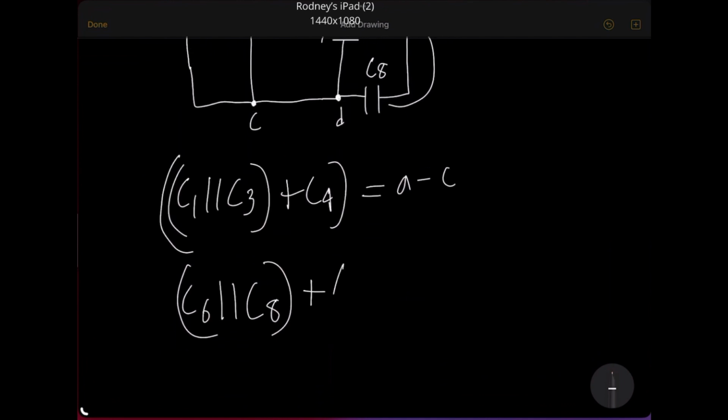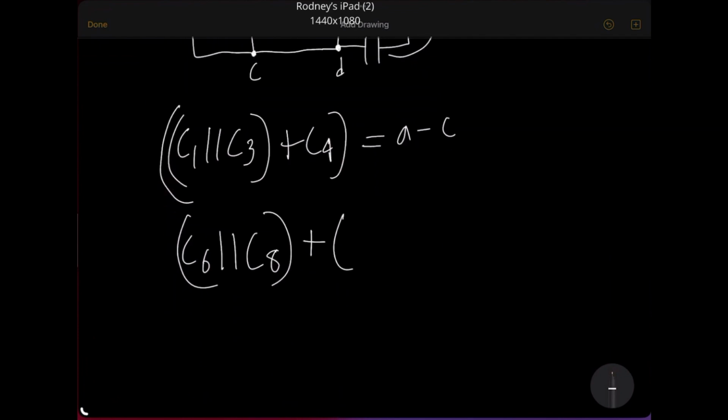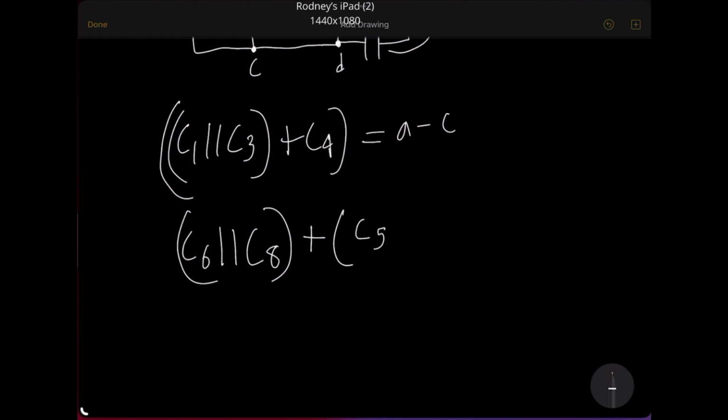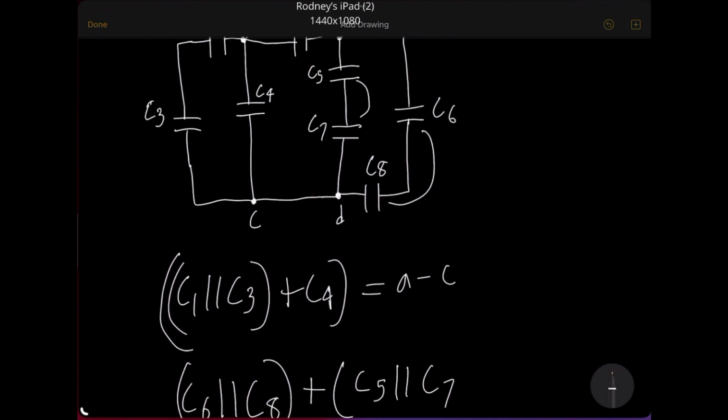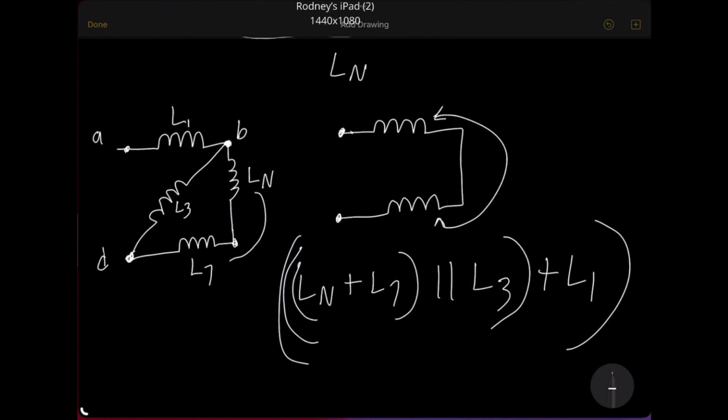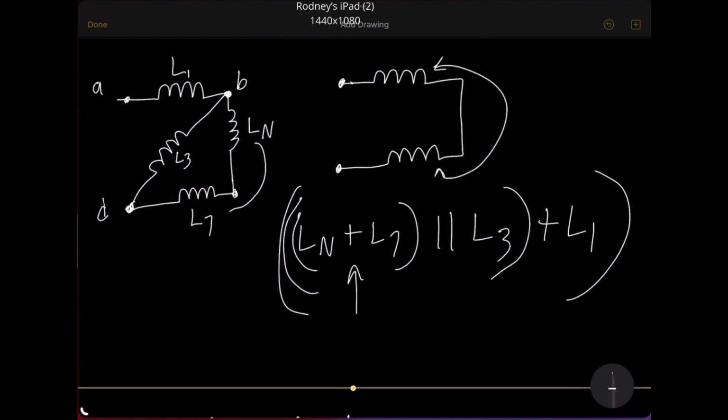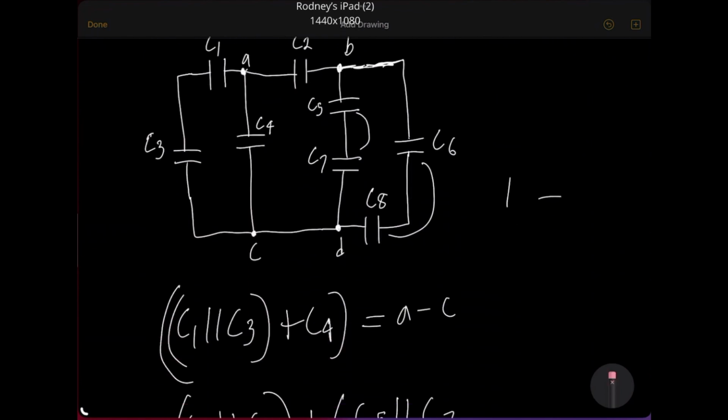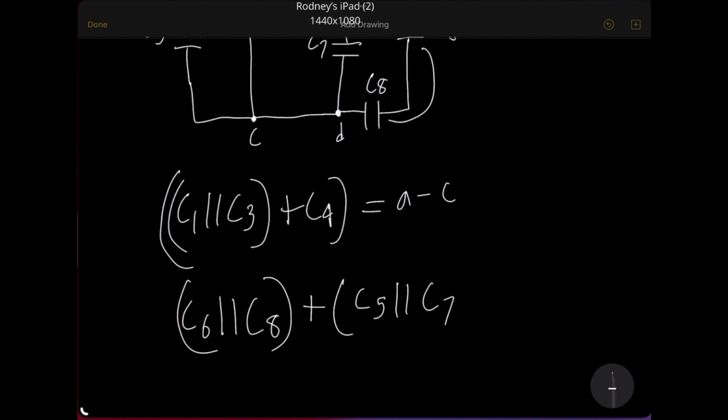So we're going to do a plus to show that. C5, C7. When I'm using parallel, I actually mean plus for when I was using it up here. I'm just trying to show that you're doing the opposite operation from resistors when combining them.